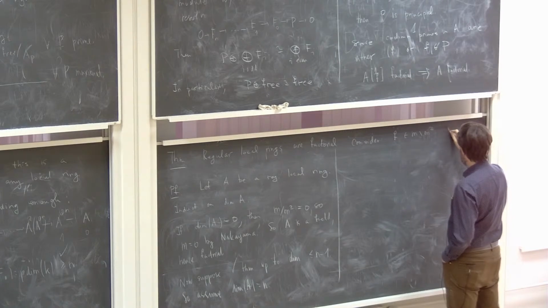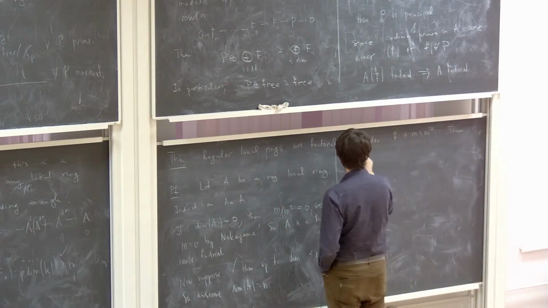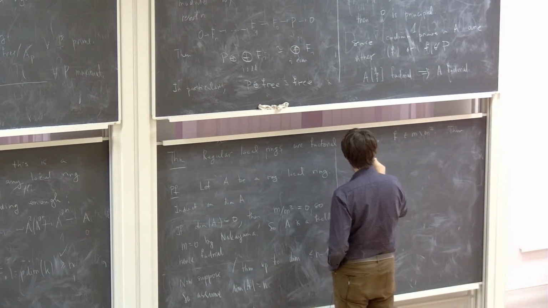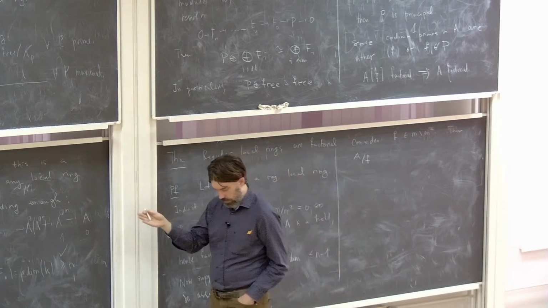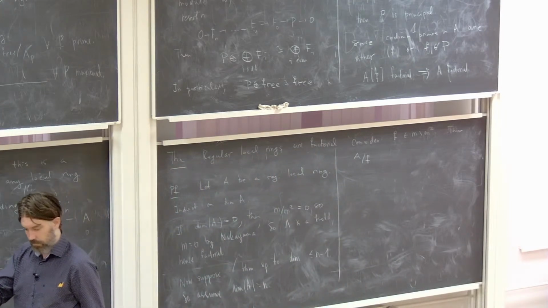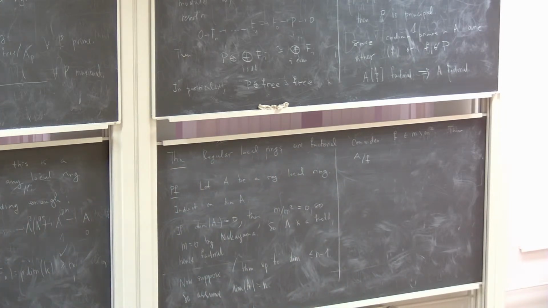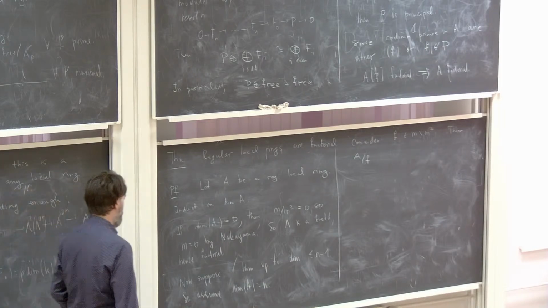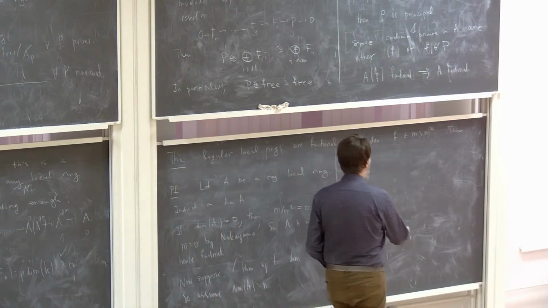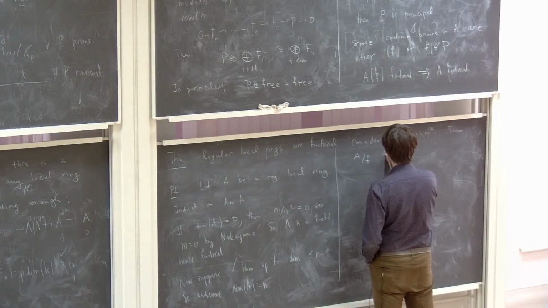So note, A mod this element f: we showed that if I took something in M but not in M squared, when I took the quotient by it, it remained a regular local ring. So then this is, again, regular local.